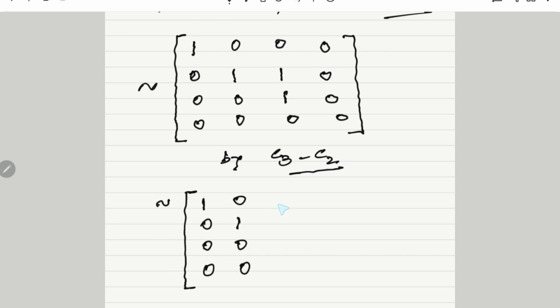Therefore, 0 minus 0, 0. This 1 minus this 1, we get 0. 1 minus this 0 as 1, and this 0 minus this 0, we get 0. Fourth column, no change, 0, 0, 0, 0.